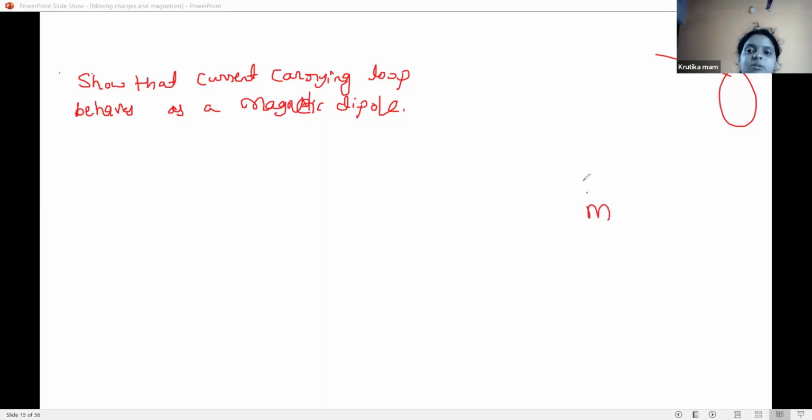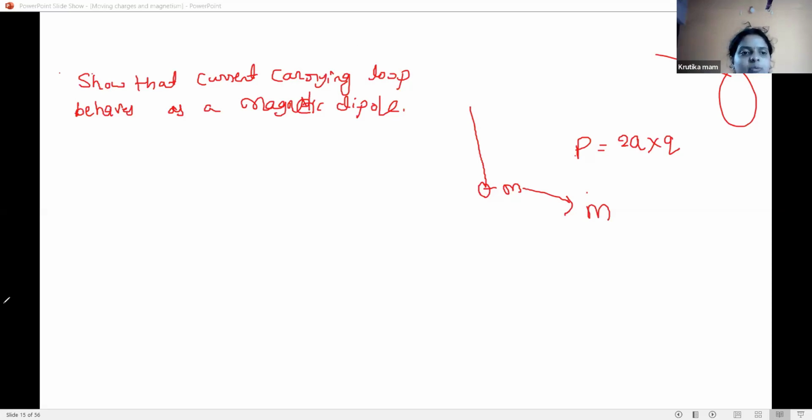In the first 2 lessons, we denoted the dipole moment by p, see students. p is equal to the distance into any one of the charges, that is defined as the electric dipole moment. So here we have the magnetic dipole moment. At the end of the derivation, if you get m, which is the magnetic dipole moment, it means that your current carrying loop is behaving as a magnetic dipole.